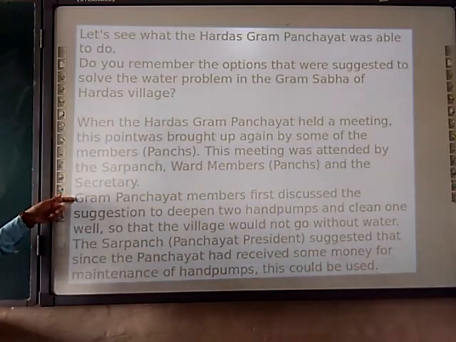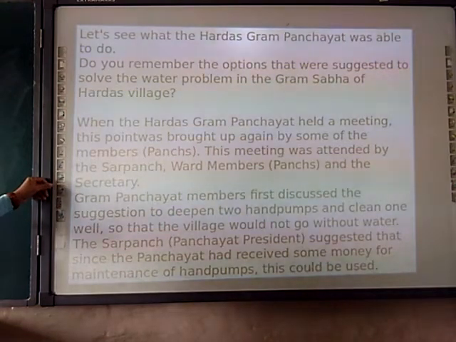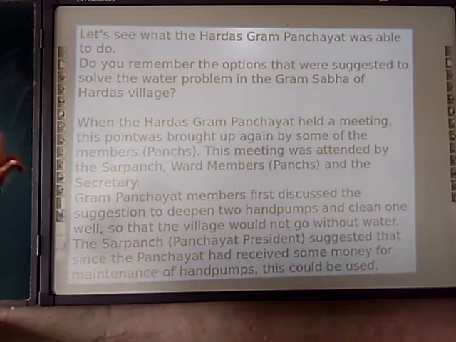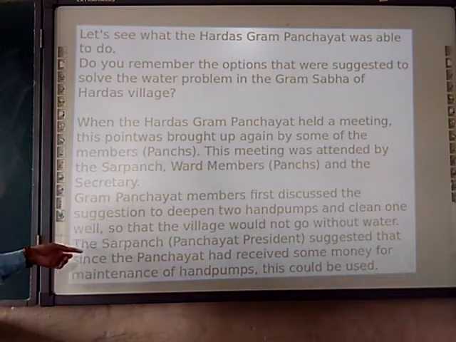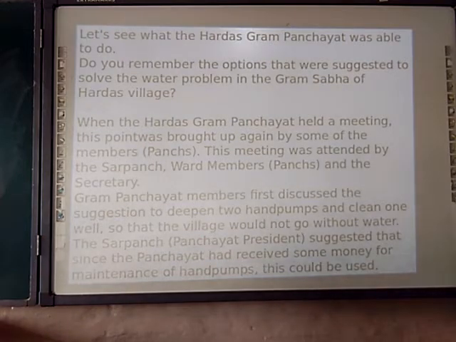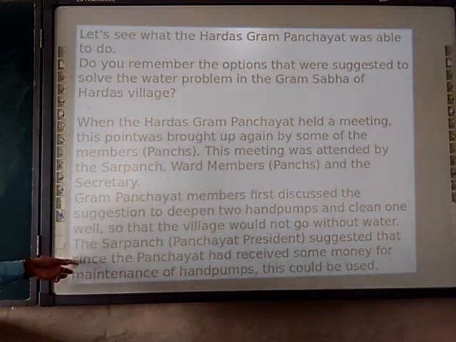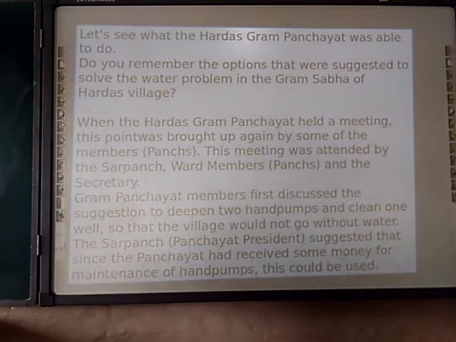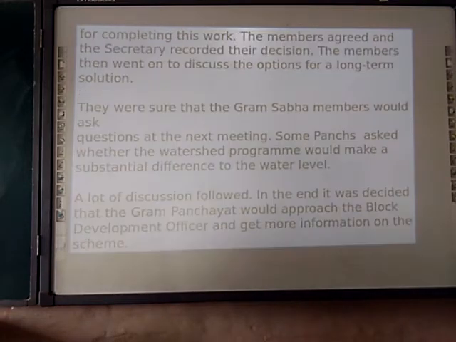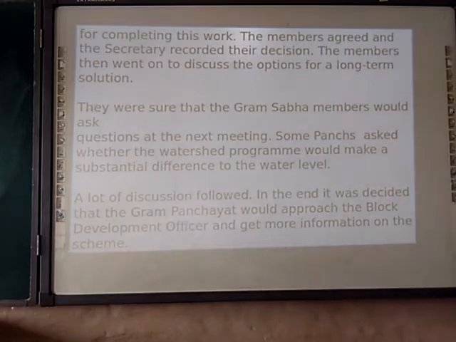The Gram Panchayat members first discussed the suggestion to dig 2 hand pumps and clean one well, so that the village would not go without water. The Sarpanch, the Panchayat president, suggested that since the Panchayat had received some money for maintenance of hand pumps, this could be used.